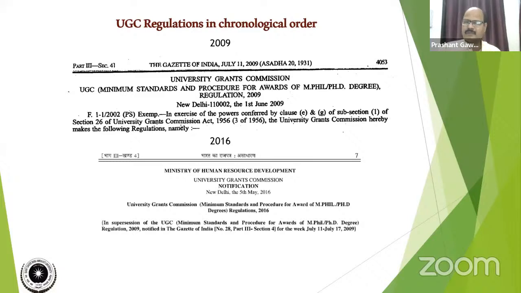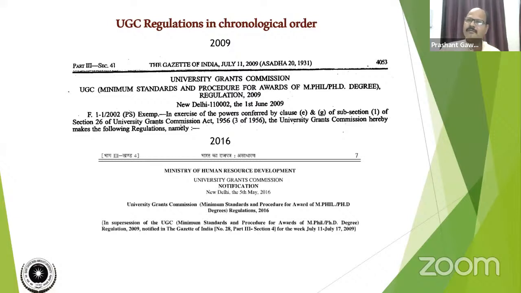So during 2009, there was one gazette notification published by the University Grants Commission, on the minimum standard and procedure for award of MPhil/PhD degree, Regulation 2009. Now, the incorporation of more stringent provisions started from 2009 onwards.